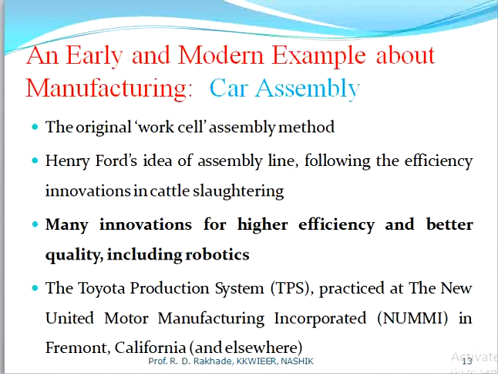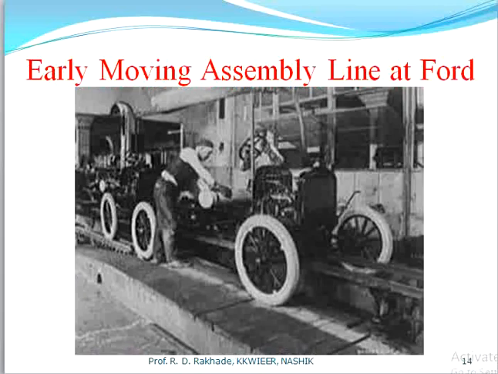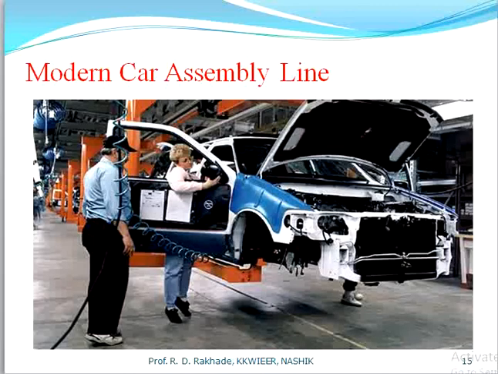A basic example for industrial engineering is an earlier and a modern example of manufacturing. In car assembly, the original work cell assembly method was Henry Ford's idea of the assembly line. The photograph is self-explanatory: the difference between the earlier moving assembly line at Ford and the modern car assembly line.